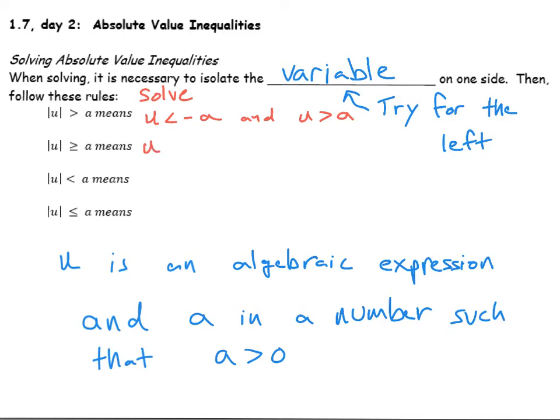Not much different down here. You can throw in less than or equal to. You've got to solve both of those, okay? The bottom 2 here are less than symbols. So you would be looking at solving this.